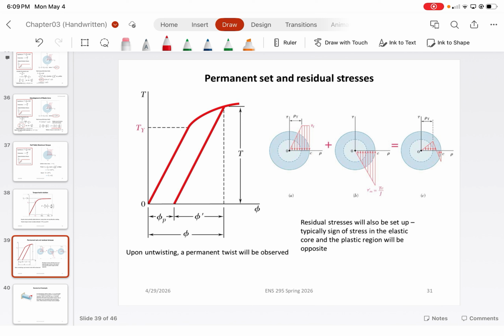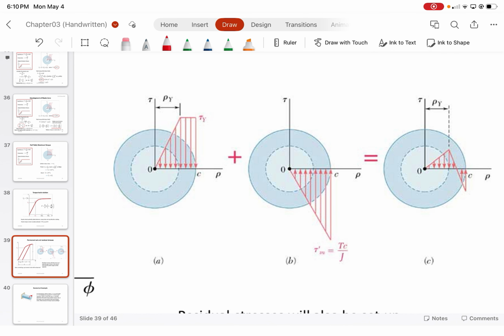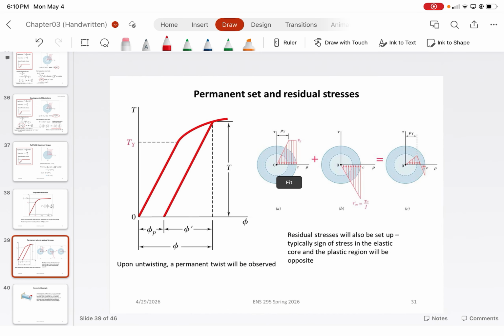And so with these residual stresses, you get really weird profiles where you would have, for example, our base condition for linear elasticity, and then residual stresses that ultimately develop due to the permanent deformation, which would then, of course, be resisting any type of torque. And so then your stress development gets really confusing at that point, because you have a summation of the two stresses. And so the gist of this is: don't load your rods to yielding.